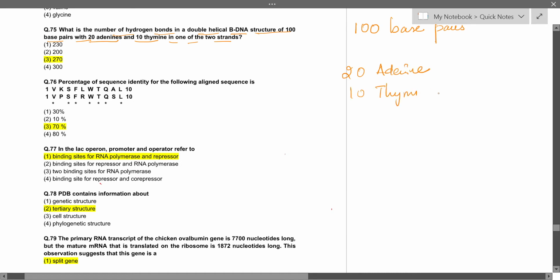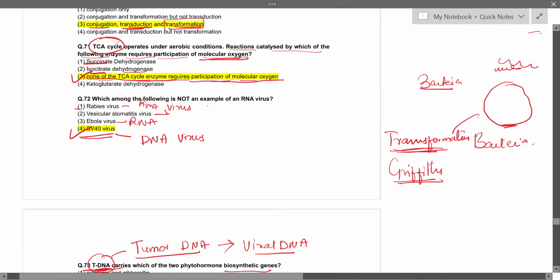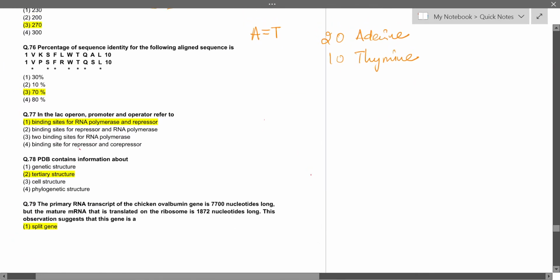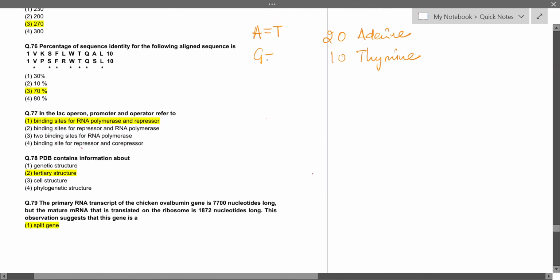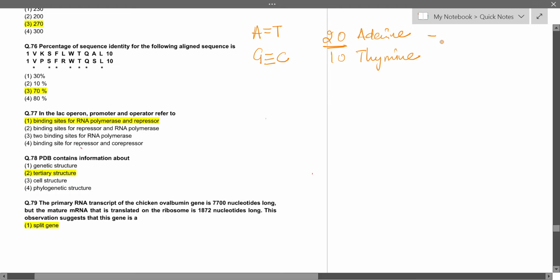in one strand. So we know that adenine and thymine form two hydrogen bonds, whereas guanine and cytosine form triple hydrogen bonds. Okay, so now here 20 adenine, that means in the other strand it is going to be 20 thymine.